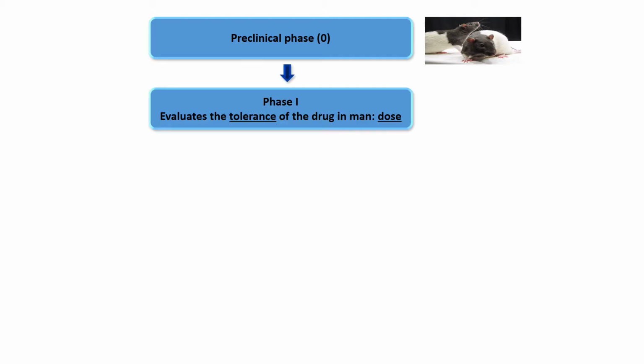The first phase is what we call phase 1 and is the first time ever the drug would be introduced into man. This phase is aimed at evaluating drug tolerance in man, in other words, the maximum tolerable dose of the drug in man. The study is usually carried out on a sample size of about 10 to 80 healthy volunteers.